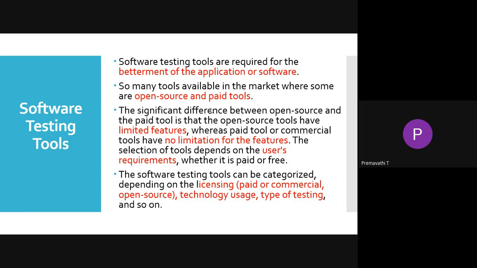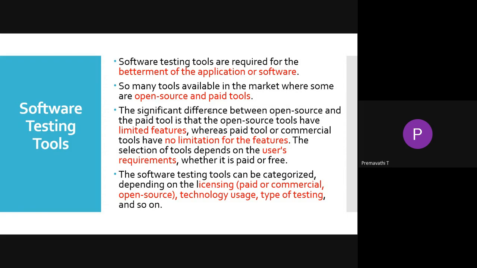So the selection of tools depends on the user requirements. The selection of a tool is based on the requirements of the users, whether it is a paid or a free tool.